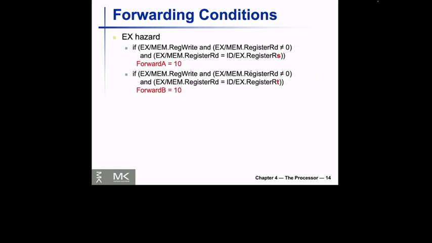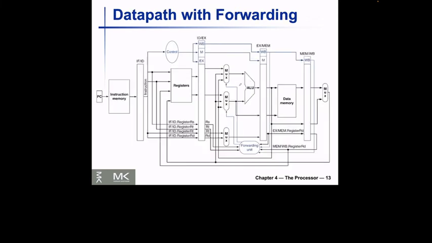Okay. If the previous RD equals the current RT, that is, your previous RD is your current RT, then this line will be passed. So this control signal has to be 10 so that this line will be passed.